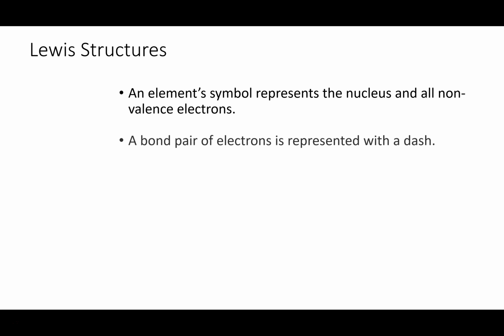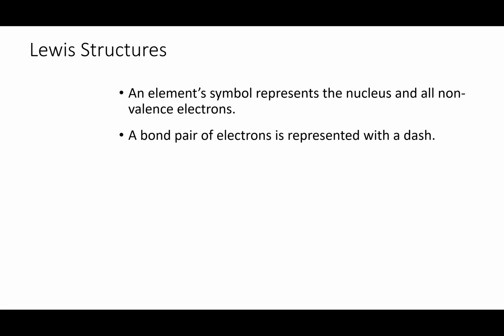When you see Lewis structures, think of the symbol, whether it's an H or an O, as representing the nucleus of the atom and the non-valence electrons. A bond pair is going to be a dash.